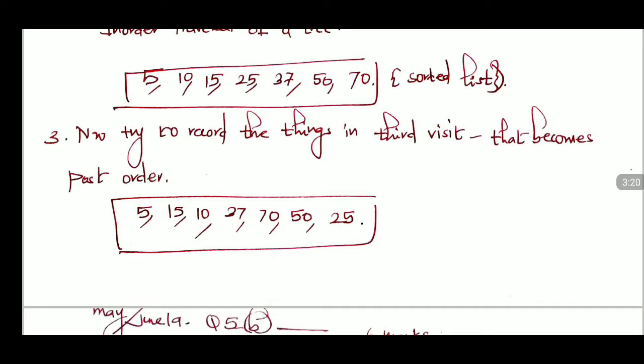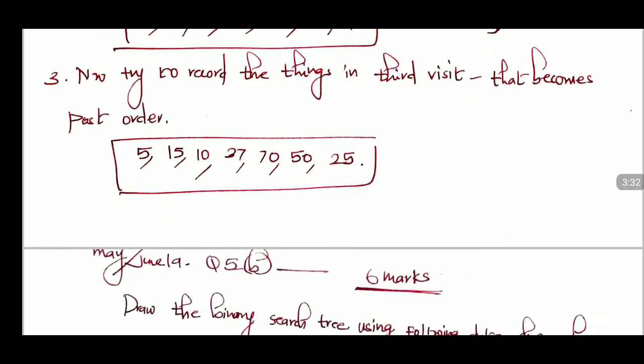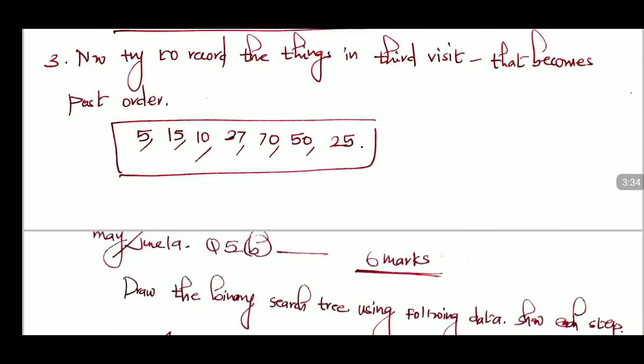Now we'll record the things in the third visit. If we record the third visit, we get 5, 15, 10, 37, 70, 50, 25. If you look at this, we recorded the left, then the right child, and then the root of these two.